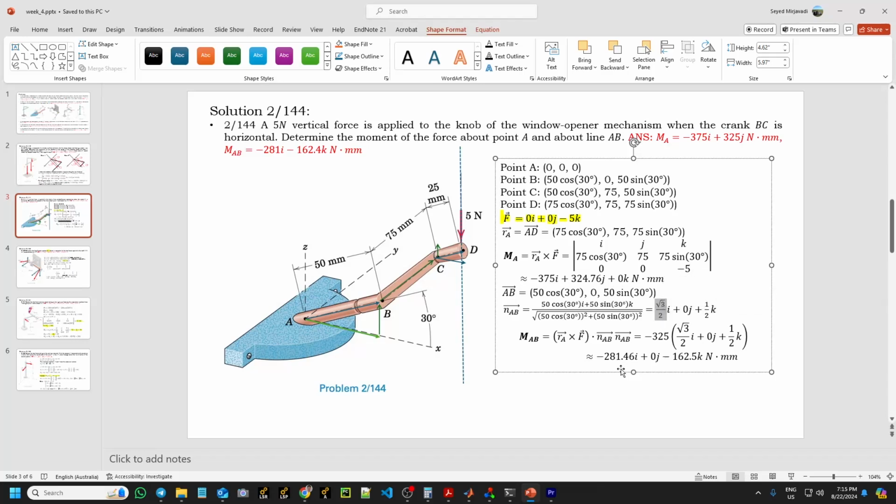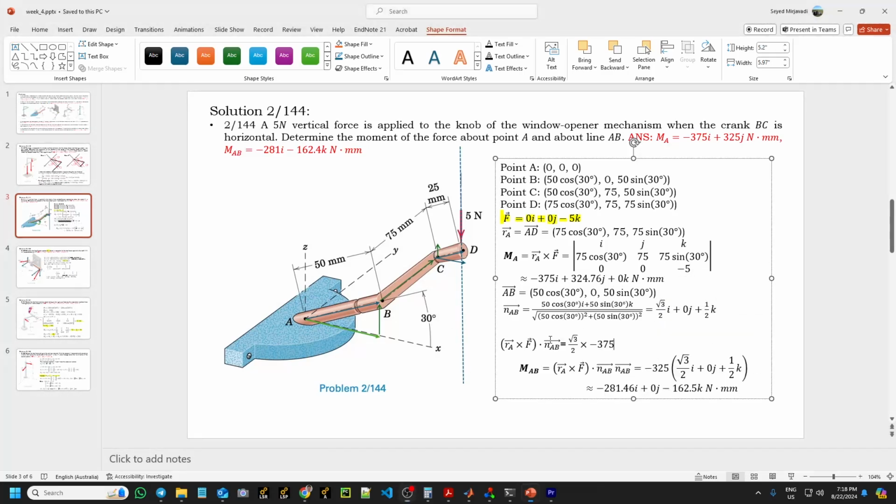Okay, let us obtain this part first. R cross F is this one. We don't care about the Newton millimeter.